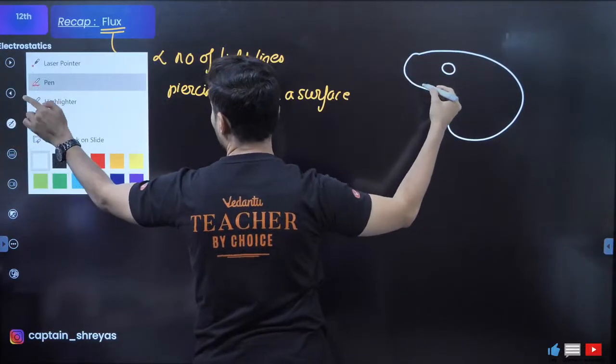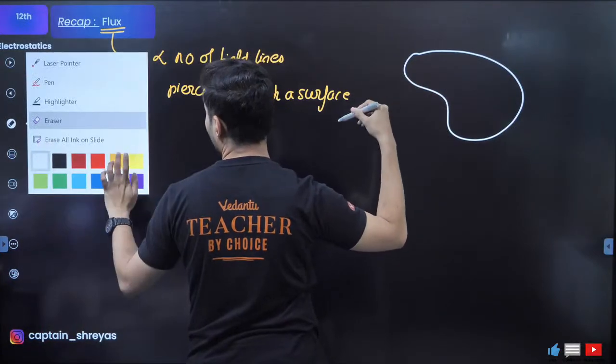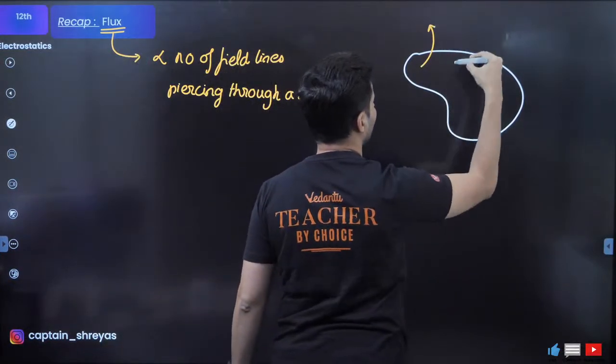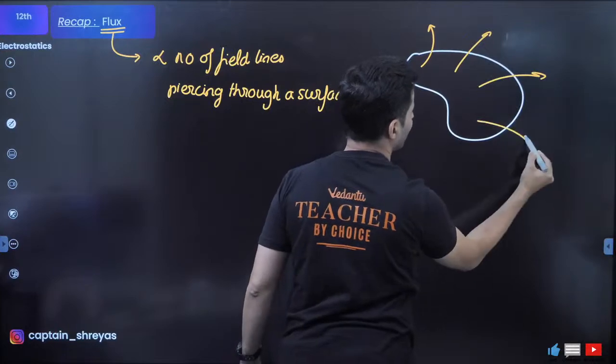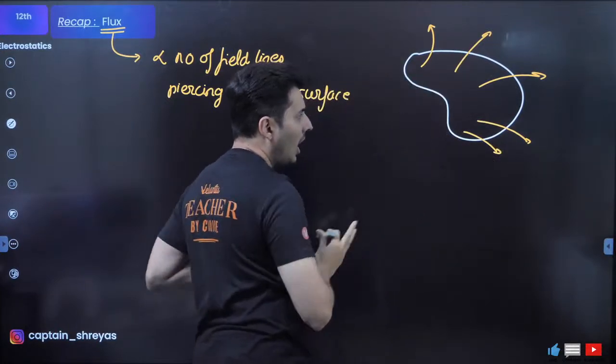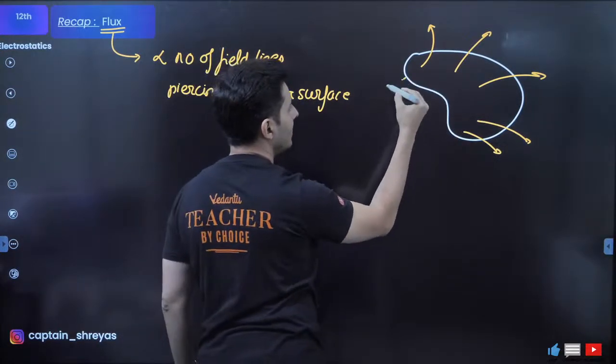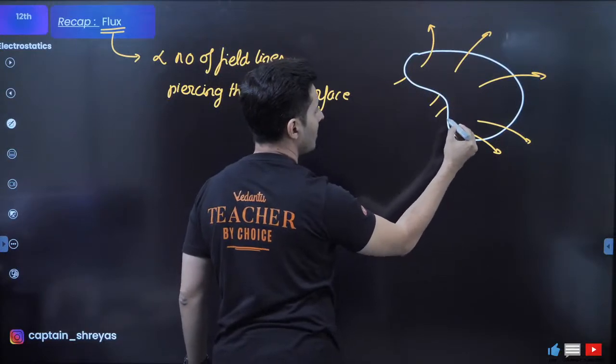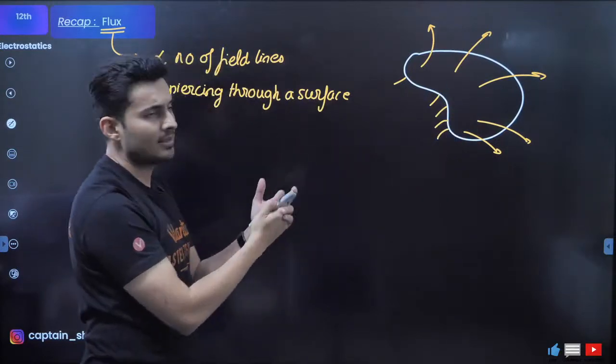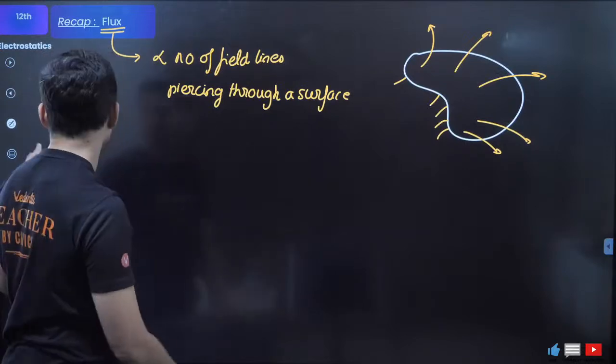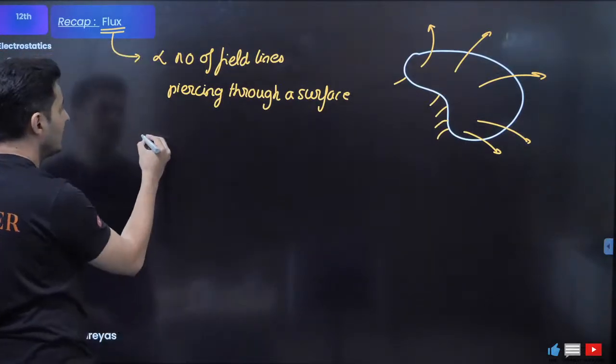There will be some electric field lines cutting through it like this. So the flux directly depends on how many lines are exactly cutting through this particular surface. So that decides your flux. More lines, more flux.